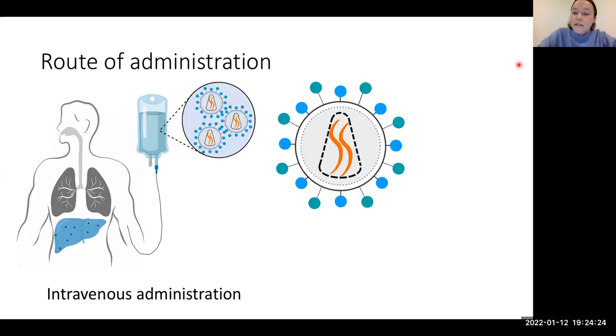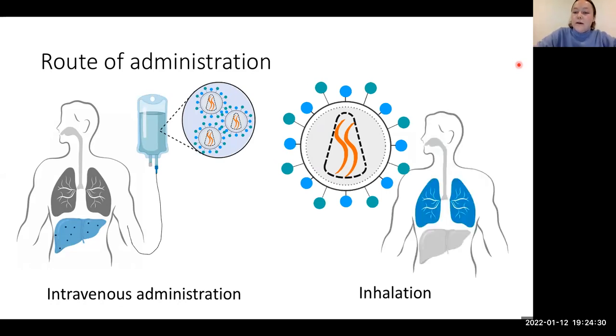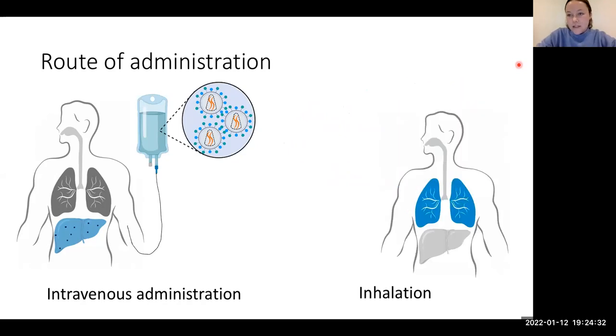But an alternative delivery route, and the route that I looked at, was what about if you inhale the virus, so deliver to the lungs? And you may think, why on earth would you ever target the lungs to deliver a gene therapy product? And it's because the lungs are full of blood vessels. So actually, they're very good at getting viruses from the lungs into the bloodstream to then go around the body.